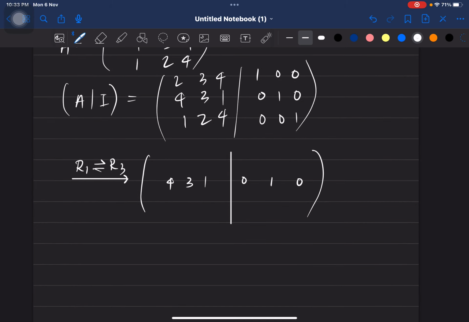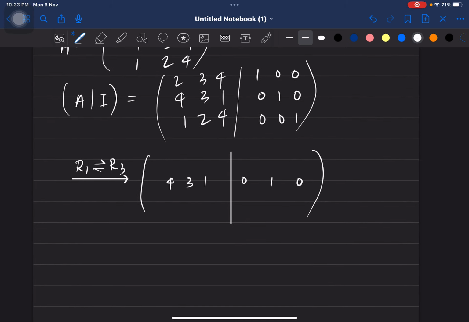Next step, create 1 here. How do I create 1 here? Think of a way. I can multiply by a scalar, or I can subtract. Let's try multiply it by a scalar. We did multiply a scalar, but then how do we make 5 to become 1?